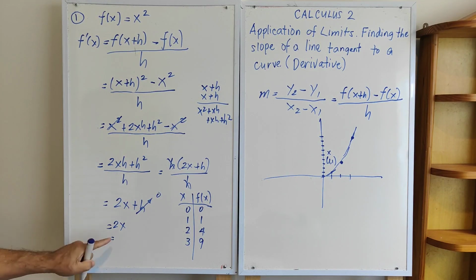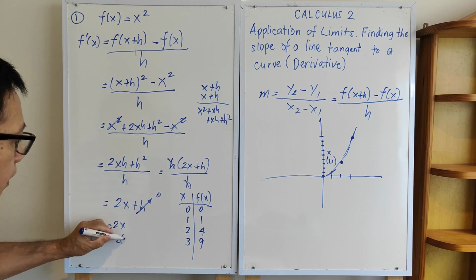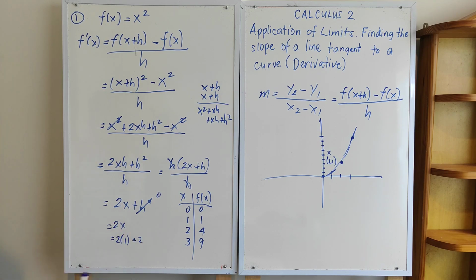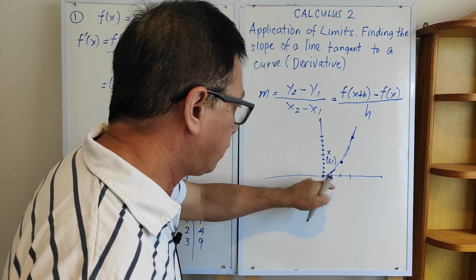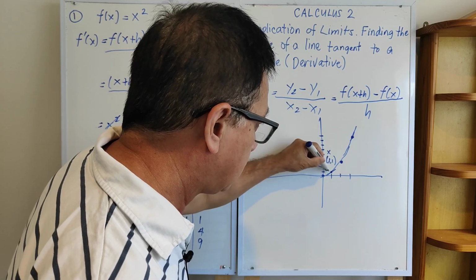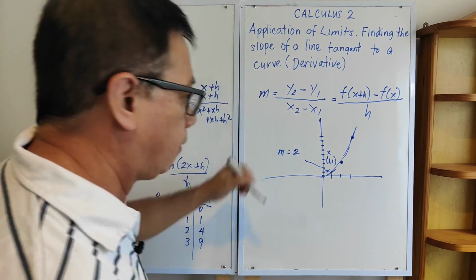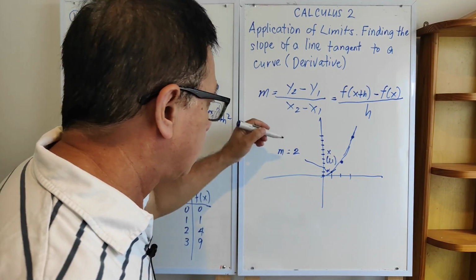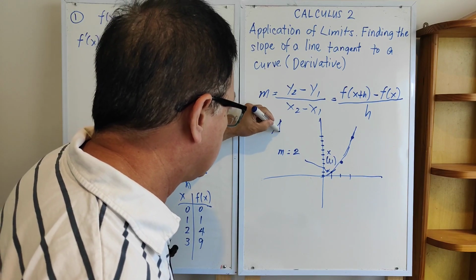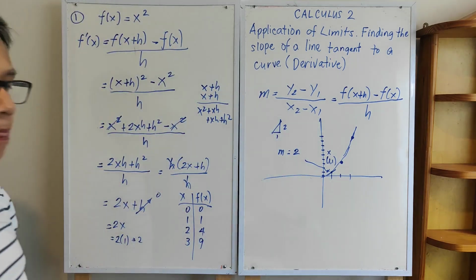You just replace your x with 1. So 2 times 1 is 2. It means that at this point, your slope is 2. It means like the rise over the run is like 2 over 1.